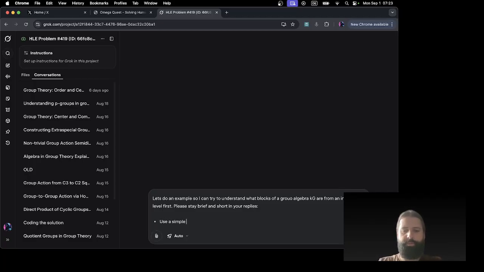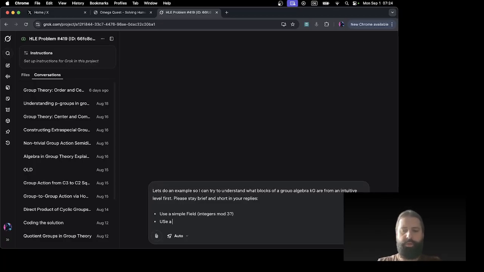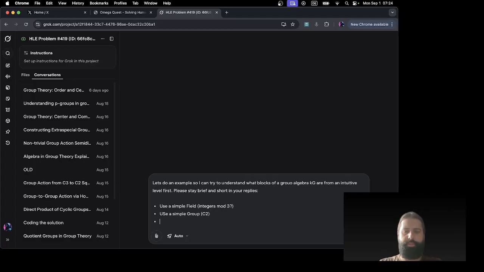Use a simple field, integers mod 3 maybe. Use a simple group, C2. And let's construct step by step the group algebra.